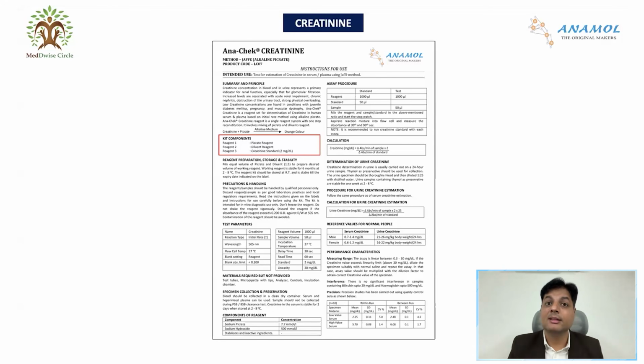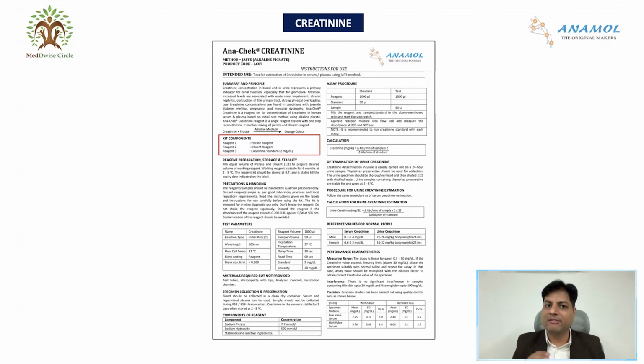As you can see in this window, there is multiple information given in the pack insert. Which information is relevant to us, which we should not skip before performing the test? We will focus on that particular information, because if we don't have knowledge about this, then either we will perform the test incorrectly, or we will not be able to perform the test.